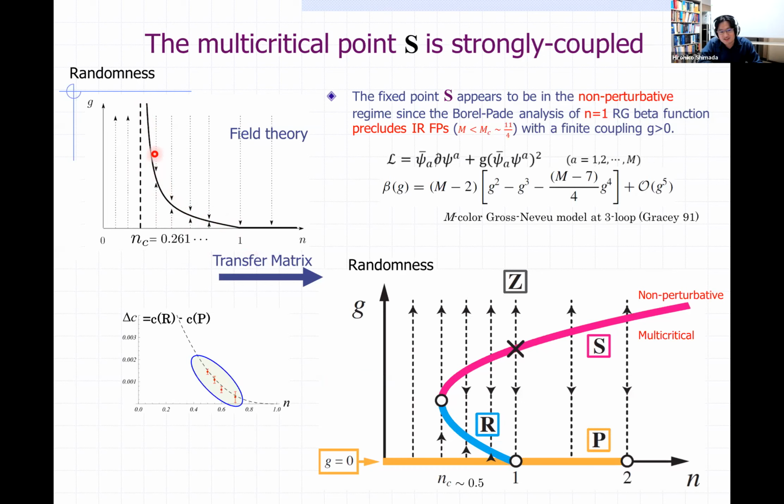So it never turns. It is monotone and diverges like this. Because this diagram you drew, we have the same in the random field O(N) model, where you can do an expansion around 4 dimensions and n minus n_c, and n_c is 2.83, something like this. It's controlled perturbatively. Oh, okay. You get the same diagram.